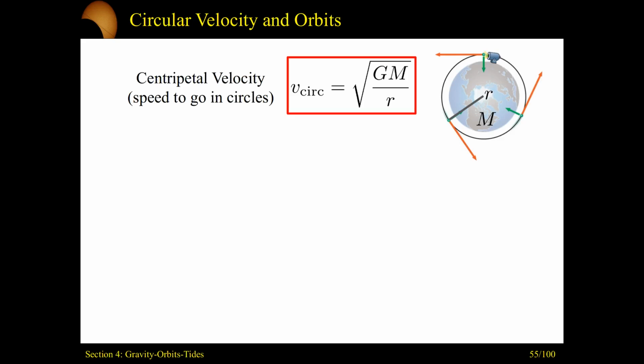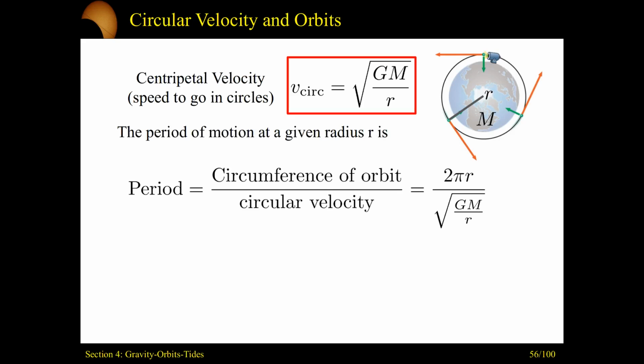Now, I'm not showing you the details. That can be in supplemental materials. But let's look at a consequence of this law. The period of orbits, the time it takes to go once around the planet, is the ratio of the circumference of your orbit divided by your circular velocity. Well, we know what these expressions are, right?